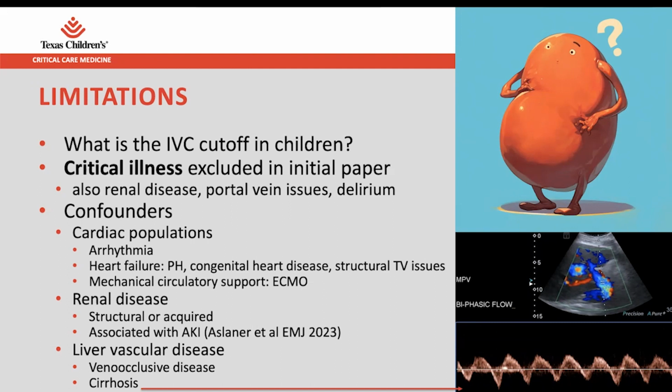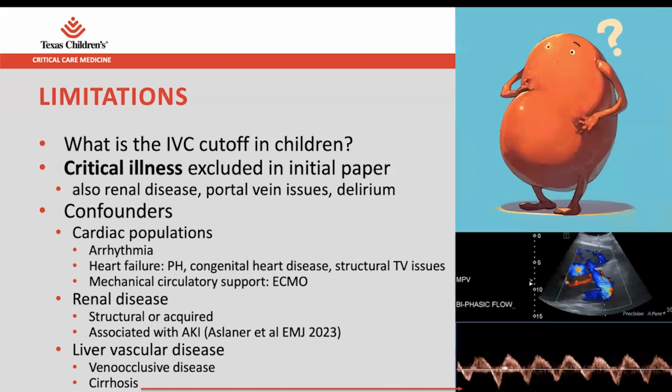It's also important to recognize that in the original paper, critical illness was excluded, though some of these patients were on pressors. Other exclusions were renal disease, portal vein issues, and delirium, specifically known structural kidney disease, known VOD, and cirrhosis, and otherwise issues that would probably place the patients in a more sick category.